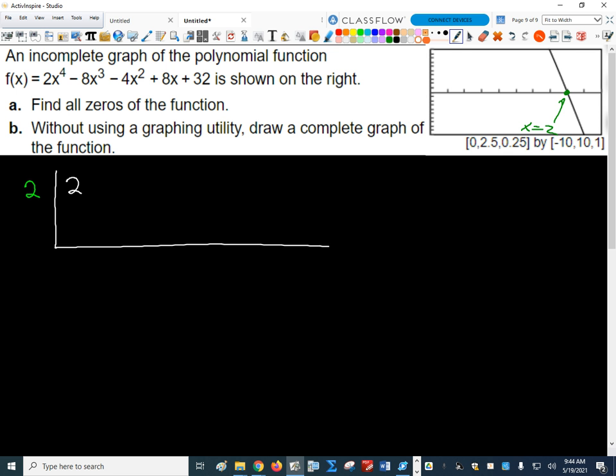what do we get here? 2, negative 8, negative 4, 8, and 32. And I'll just make a regular bracket for this one because I know it's a 0, right? I don't have to risk having to rewrite that bracket a bunch of times. So I already know that's going to be a 0.